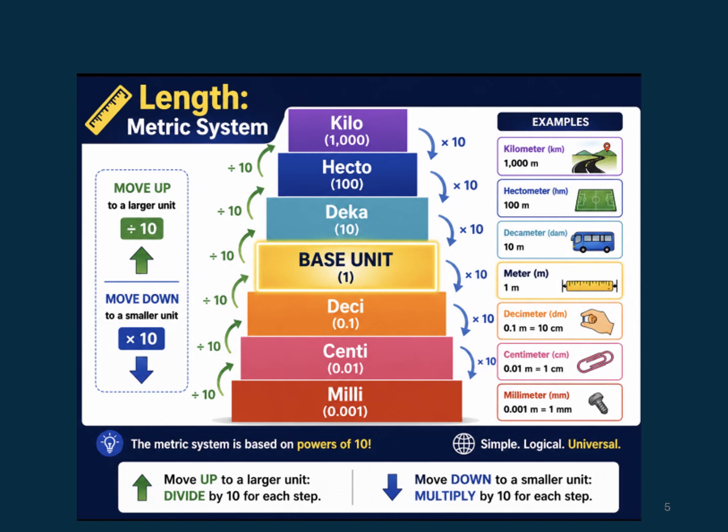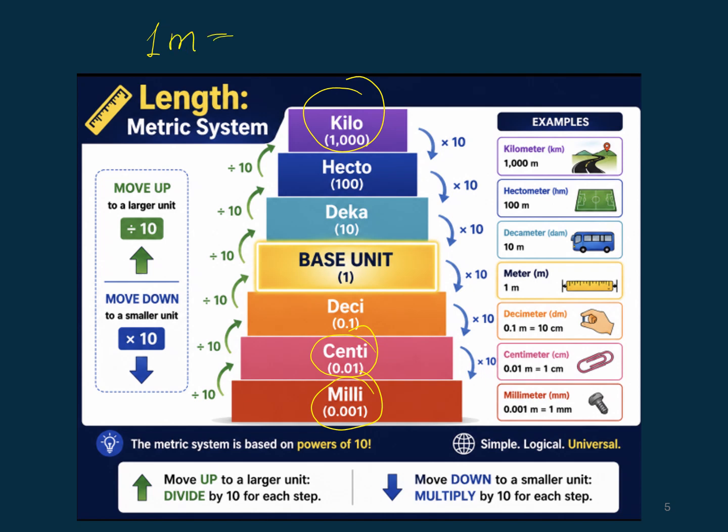Metric is beautiful. It is based on powers of 10. Remember, kilo is 1000, centi is 100th, milli is 1000th. To go down the stairs, you multiply by 10 at each step. To go up, you divide by 10. For example, think about converting meters to centimeters. 1 meter.